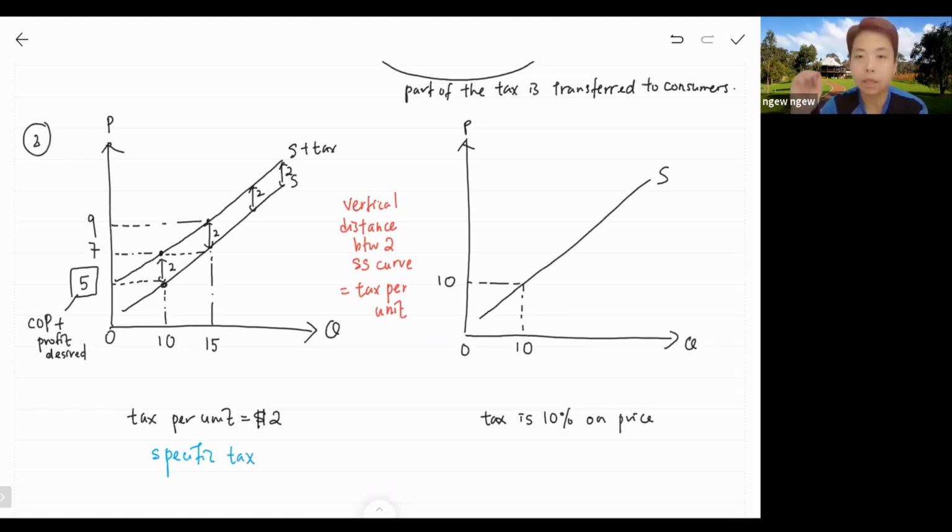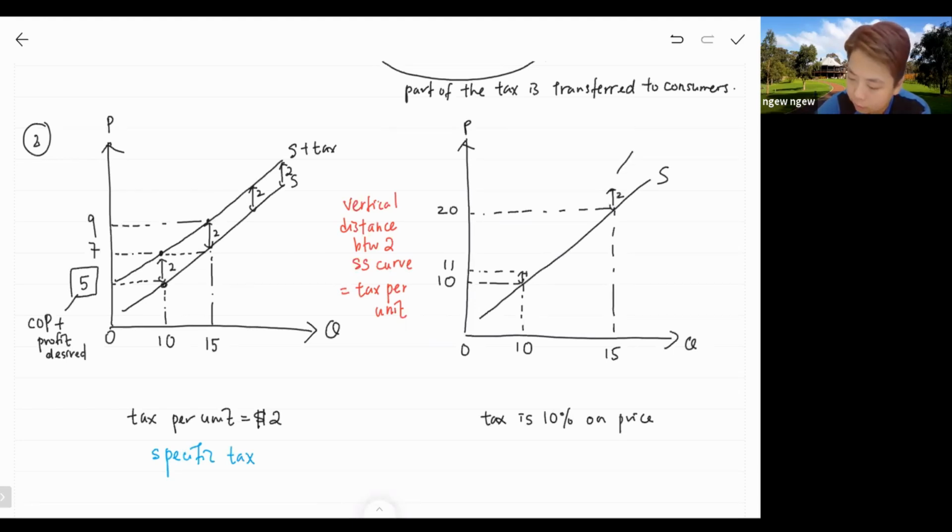Now, when the tax is 10% of the price, they will be asking for 11 because the tax is $1. Later on, when they are offering 15 units at 20 per unit, then 10% of 20 is $2. So the distance now is $2.